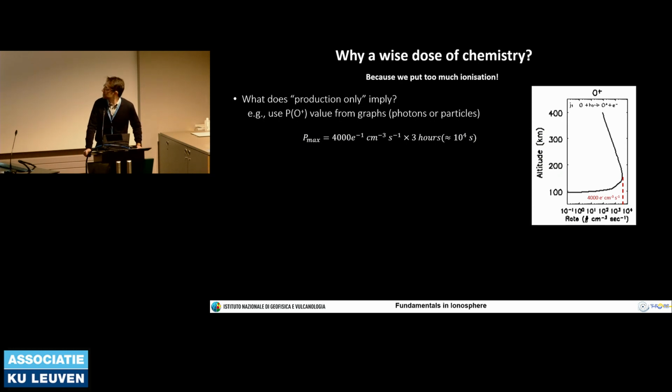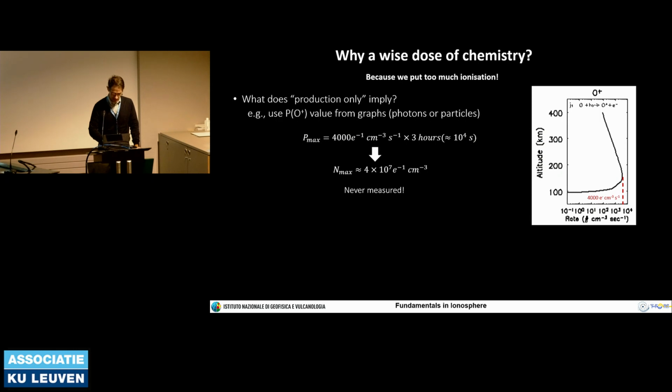So if we wait 3 hours, about 10^4 seconds, we have a maximum density of 4 times 10^7 electrons per cubic centimeter. That has never been measured. It's really too high. So something happened.